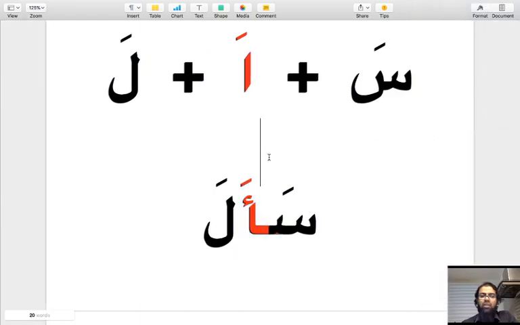So this is how alif is written in the middle of a word.